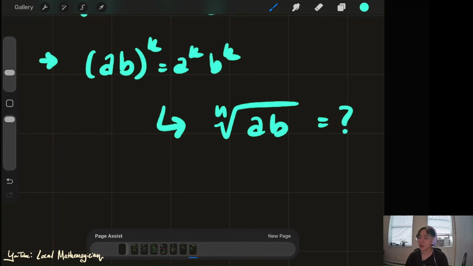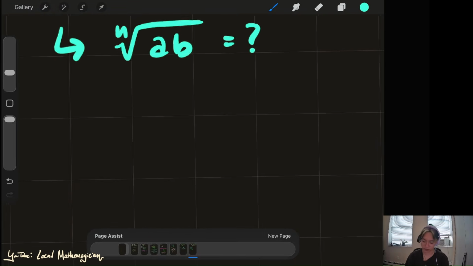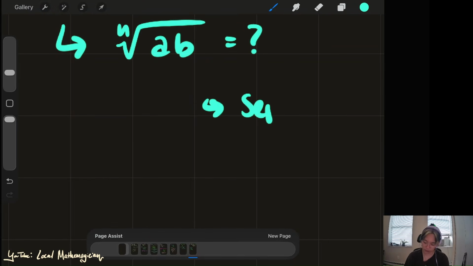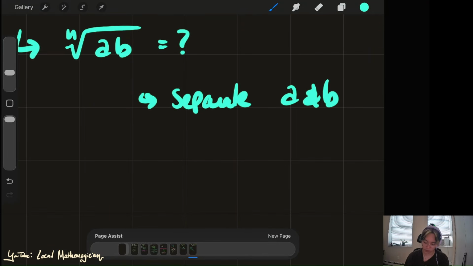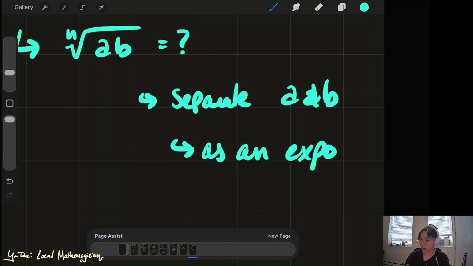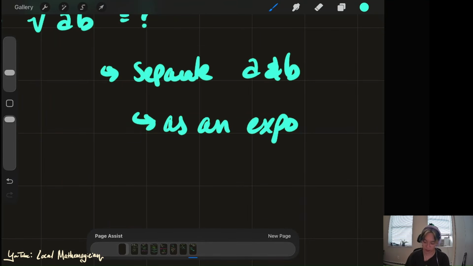I want you guys to separate a and b. Can you do that? And can you write it as an exponent, or as stuff with exponents and stuff with radicals?